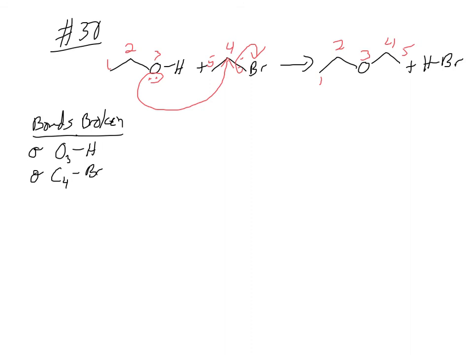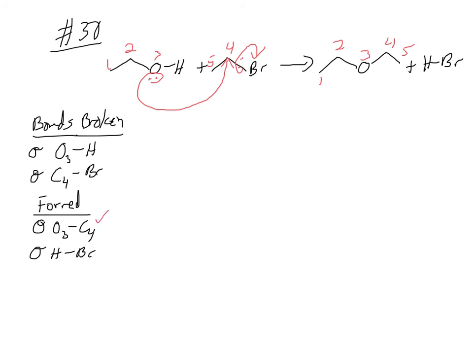Anything else need to break? What needs to form? The sigma bond O3 to C4. Good. What else? HBr, sigma H to Br. So the first step we just checked off: oxygen is now bonded to C4.